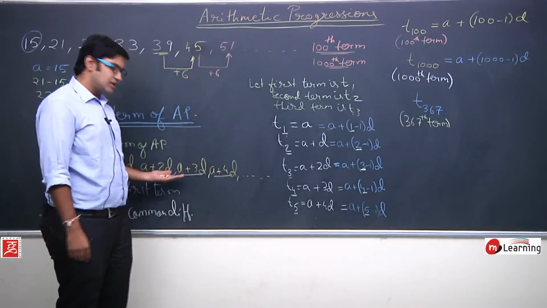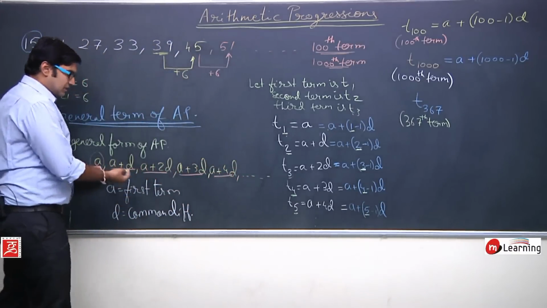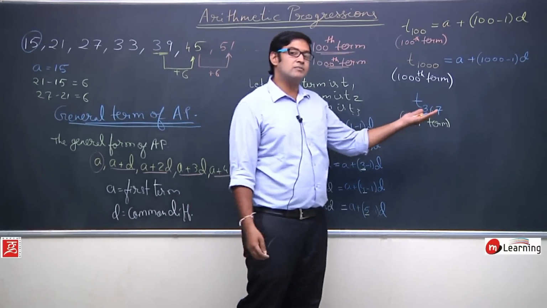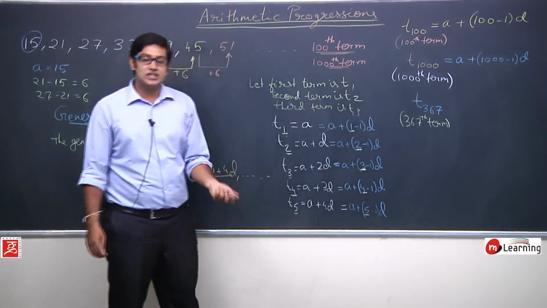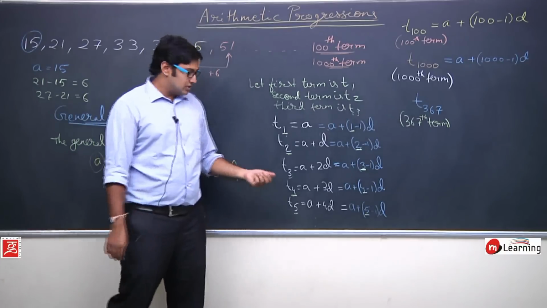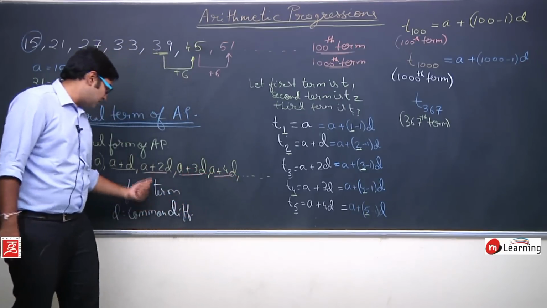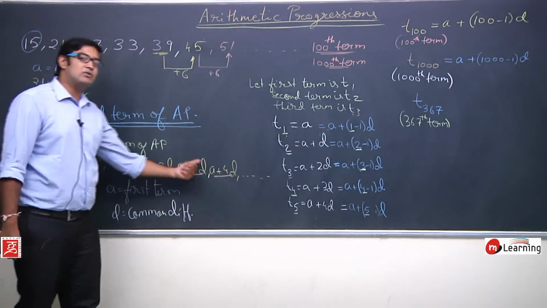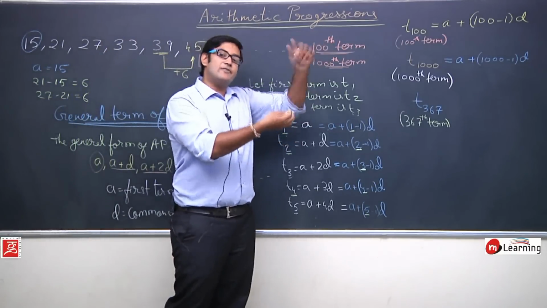I believe you know that this arithmetic progression can continue till infinity. यह AP infinity तक जा सकती है, अनंत तक जा सकती है, because you are simply adding this d every time to the previous term to get the next term. So you can continue this till infinity.